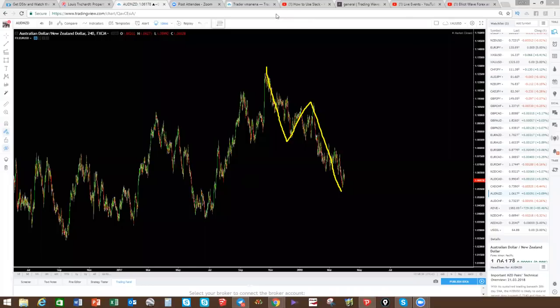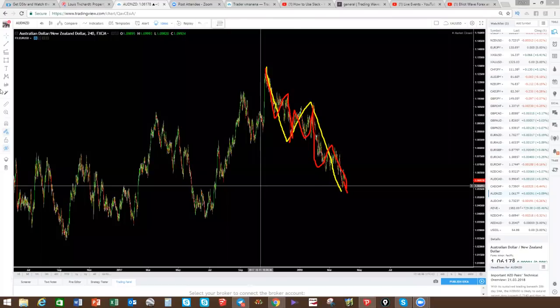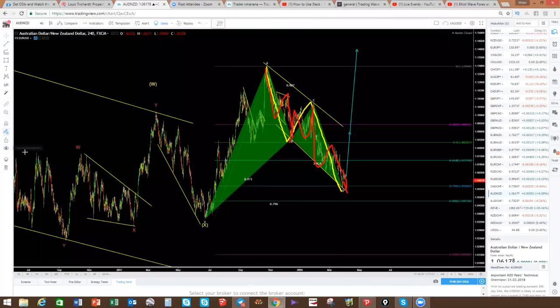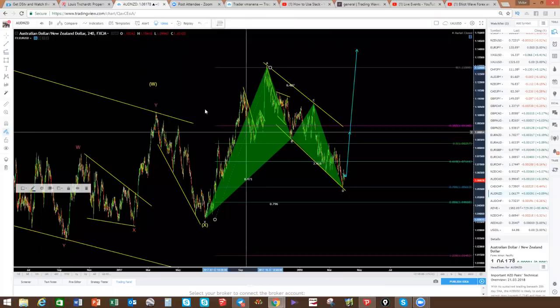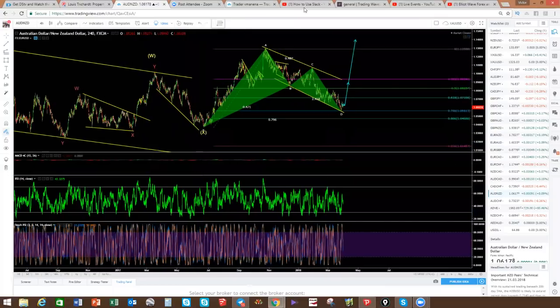And internally, you can see it's clearly 1, 2, 3, 1, 2, 3, 1, 2, 3. There is an advanced pattern here at the 78. It has already touched, so maybe ready to go up if it doesn't give us 1 more down. So just keep an eye on that one.